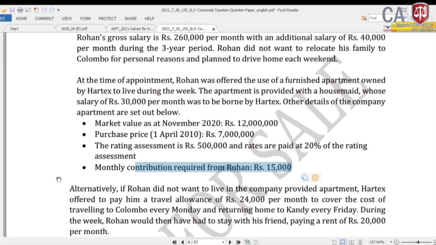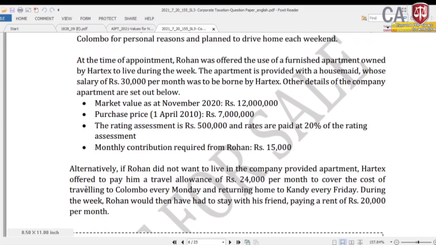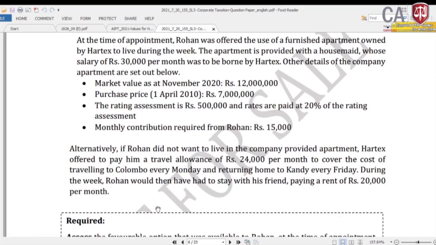Alternatively, if Mr. Rohan did not want to live in the company-provided apartment, Hertex offered to pay him a travel allowance of rupees 24,000 per month. If the apartment option is forgone, then you can go for this one.